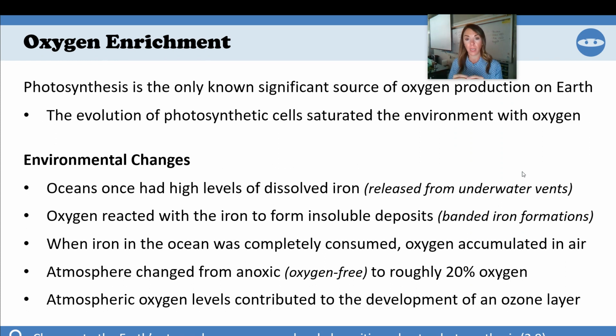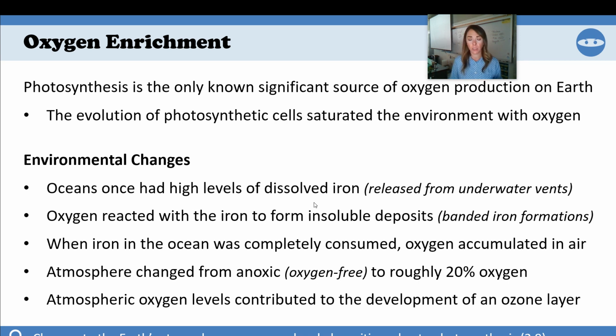Because it takes in the carbon dioxide, creating those greenhouse gases, and it gives off the oxygen and thus allows other life to come. So the evolution of photosynthetic cells is what changed the composition of the atmosphere and then allowed other types of life to start evolving.